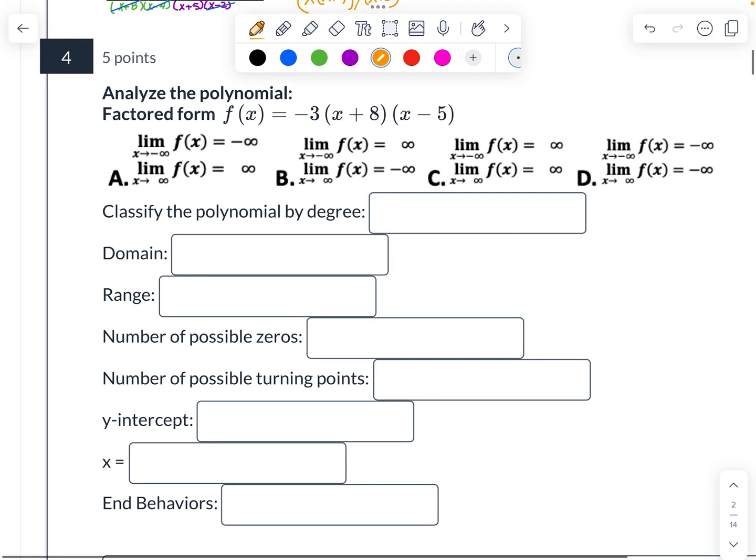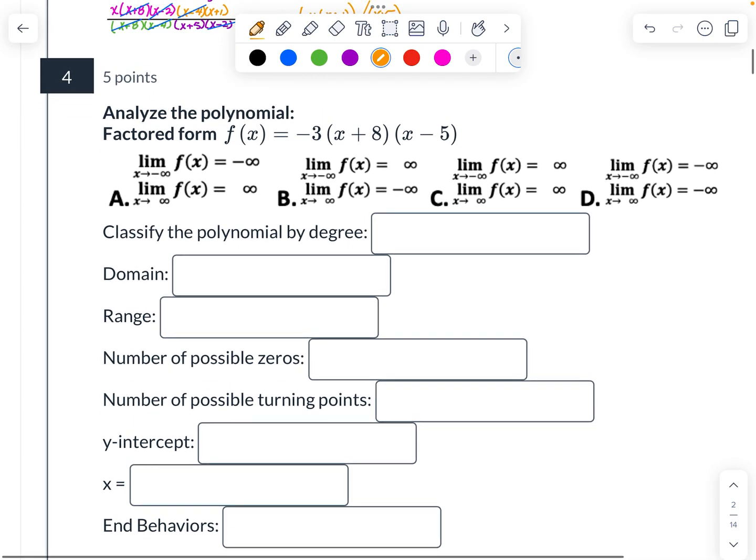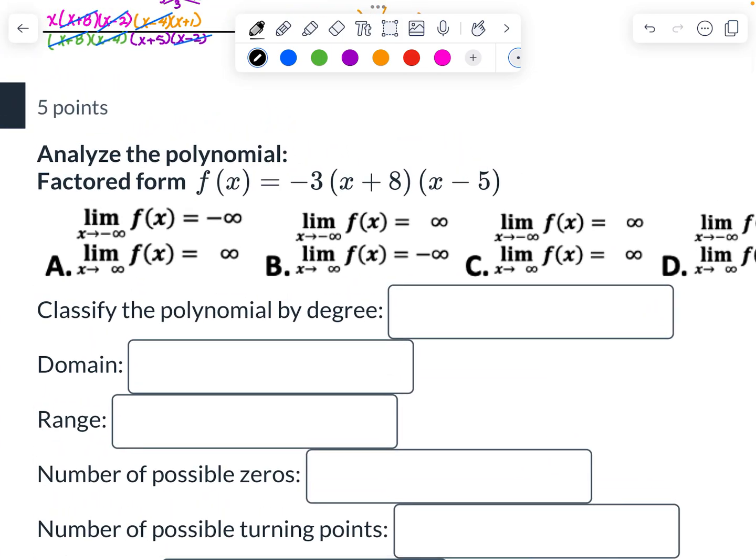Moving on. Okay. So when we look at this, we have f of x, and we have a negative 3x, and our powers of x. We have an x here and we have an x here. So our power of x is going to be x squared.